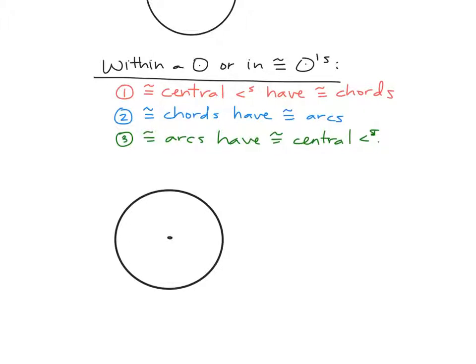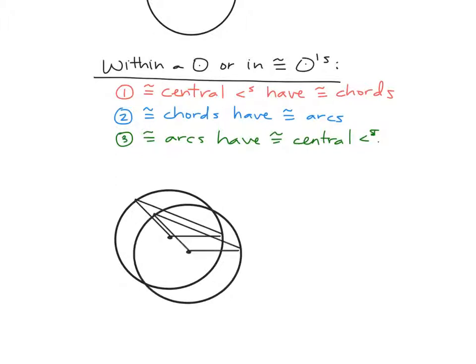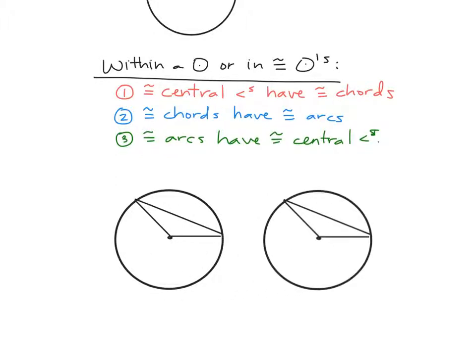All right, so let's say this is the center of my circle, and we have a radius here, and a radius here, and a chord. I'm just going to duplicate that and put it here.